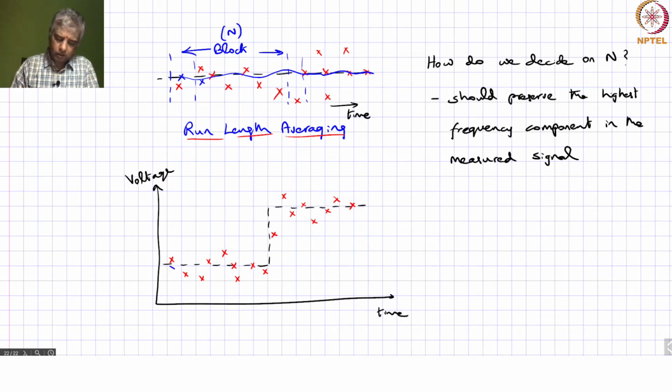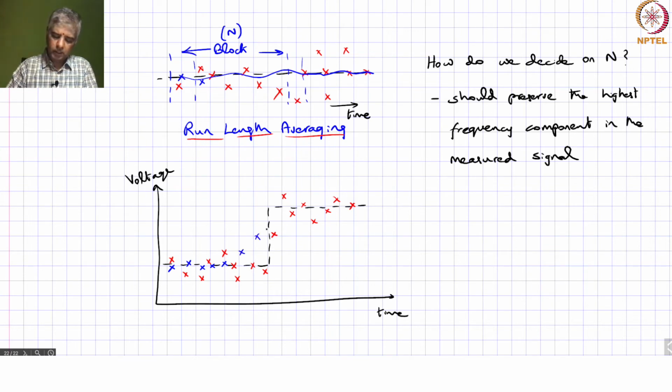You will have values closer to the ideal value that you are trying to measure. But as you start averaging across the transition, the average value is going to change.